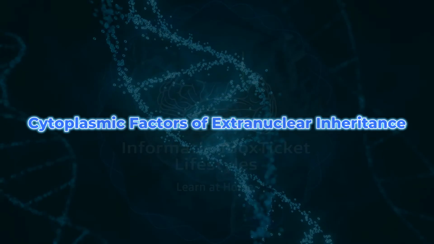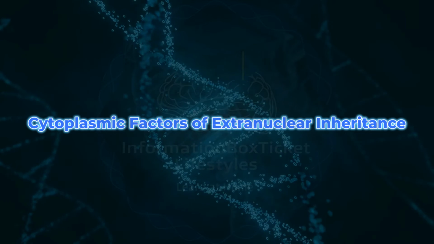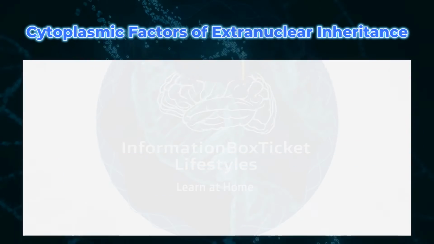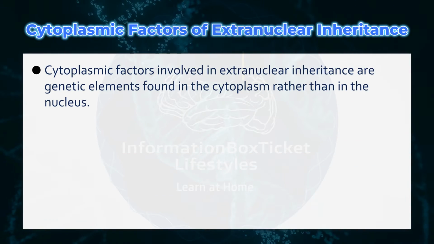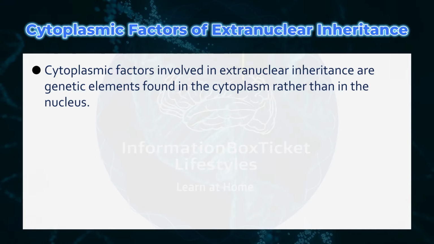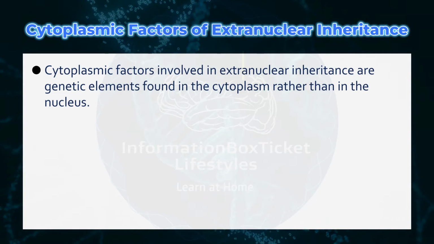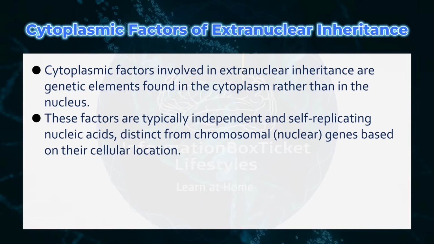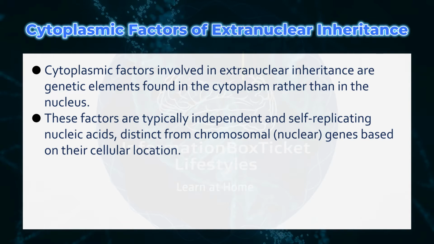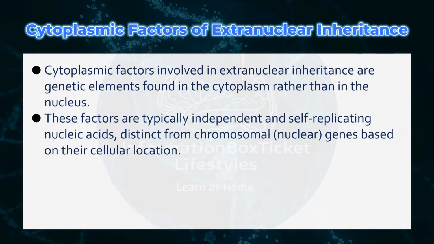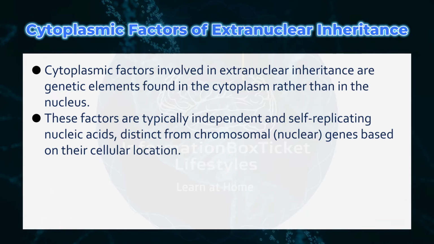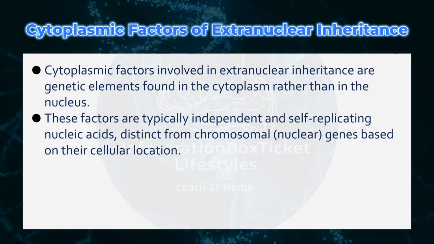Cytoplasmic factors of extranuclear inheritance. Cytoplasmic factors involved in extranuclear inheritance are genetic elements found in the cytoplasm rather than in the nucleus. These factors are typically independent and self-replicating nucleic acids, distinct from chromosomal, nuclear genes based on their cellular location.